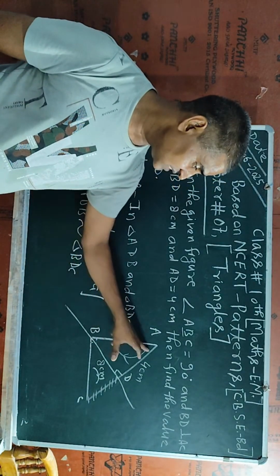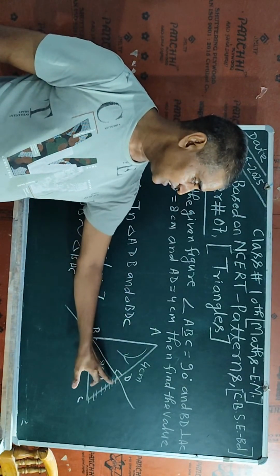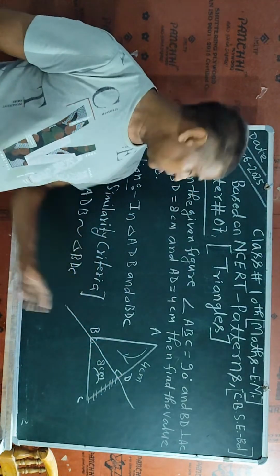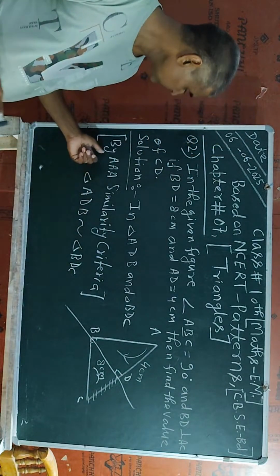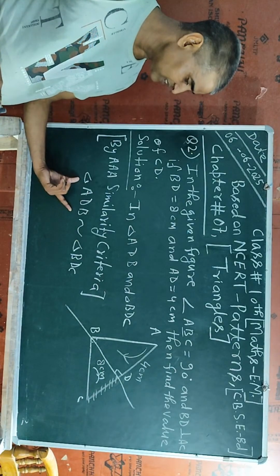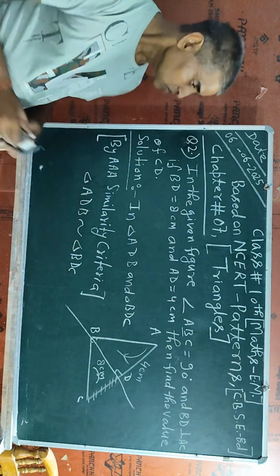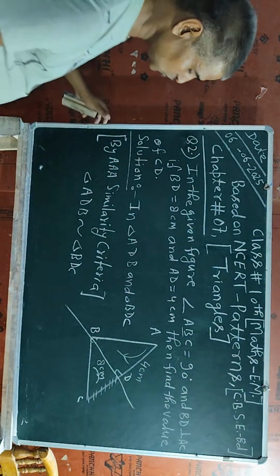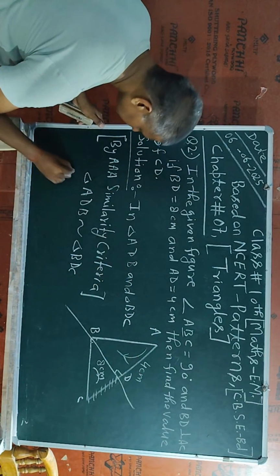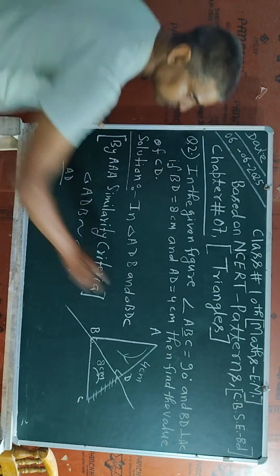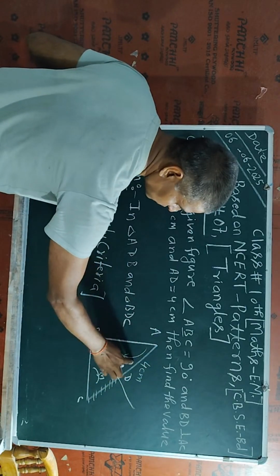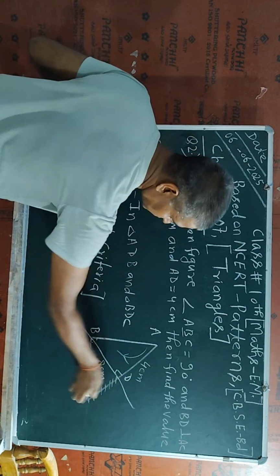Because this angle is equal to this angle, and this angle will be equal to this angle, I will use angle similarity criteria, and then I will write this triangle is similar to this triangle. So I will take a ratio proportion. AD will be first and this will be second. This will be first for this triangle and this will be first for this triangle.